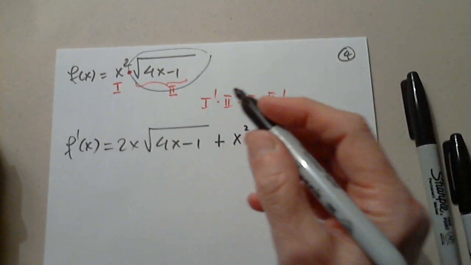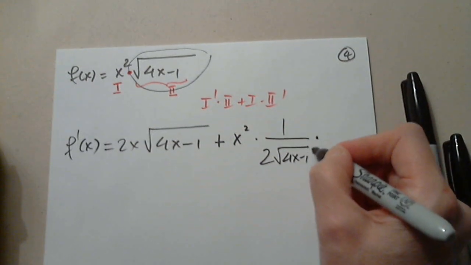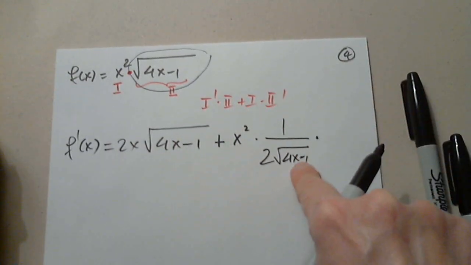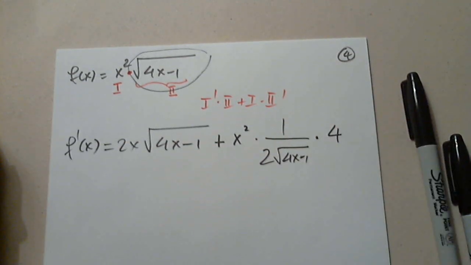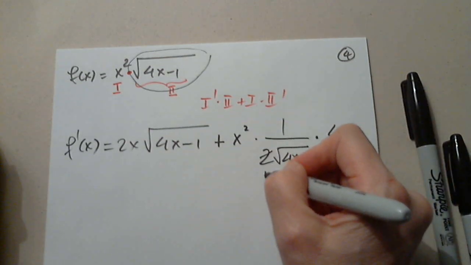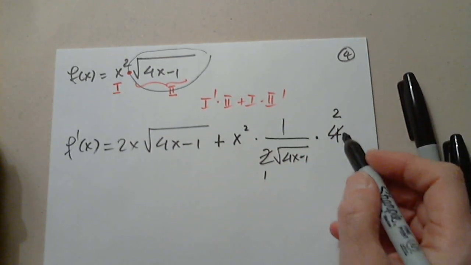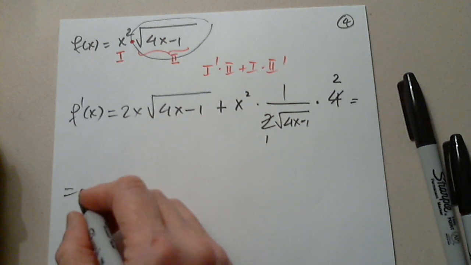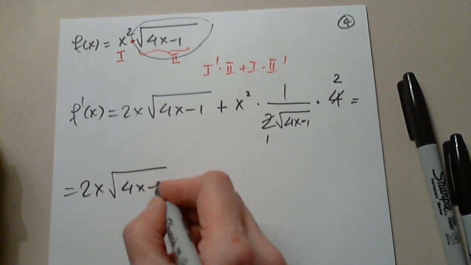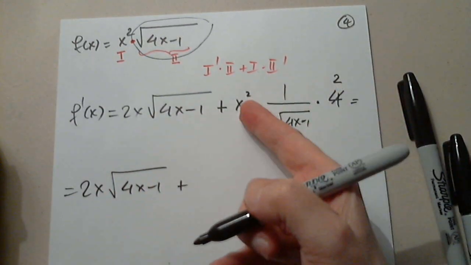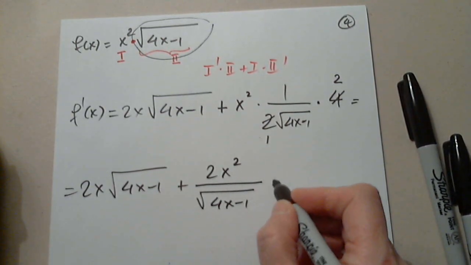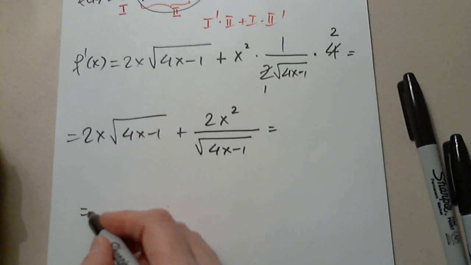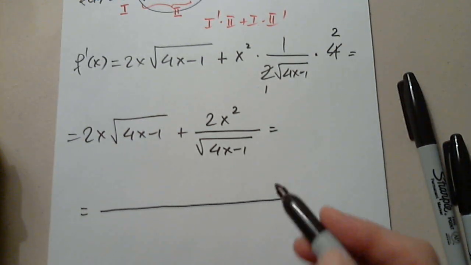The square root, yes? 4x minus 1 times 4. Exactly, that's it. Awesome. Brilliant. Of course, I'm going to simplify this with this. I'm going to copy 2x times the square root of 4x minus 1 plus 2x squared over the square root of 4x minus 1. And yes, I have to find the least common denominator.